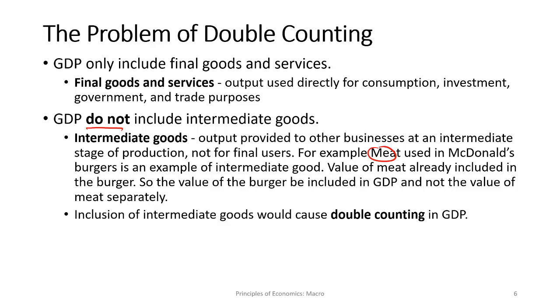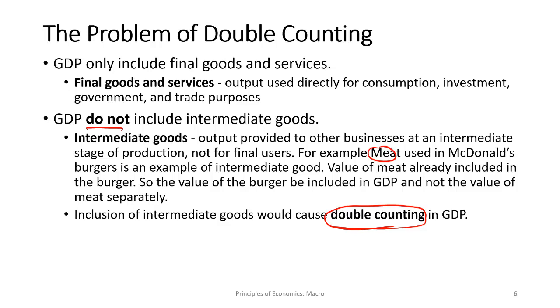So intermediate goods should not be included in GDP, because that leads to the problem of double counting. That's why intermediate goods should be left aside from the calculation of GDP.